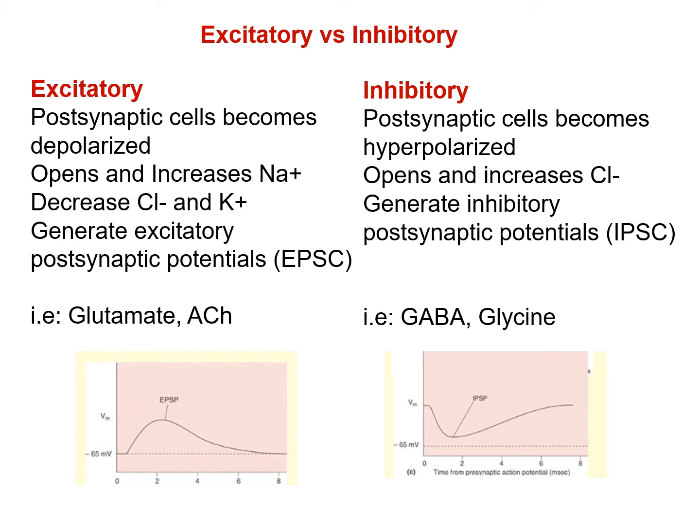On the other side, inhibitory neurotransmitters like GABA or glycine result in an intracellular increase of chloride ions and hyperpolarization, generating an inhibitory postsynaptic current. We will see more about the electrophysiological properties of the different ionotropic receptors in much more detail in the last lecture of this session on ionotropic receptors.